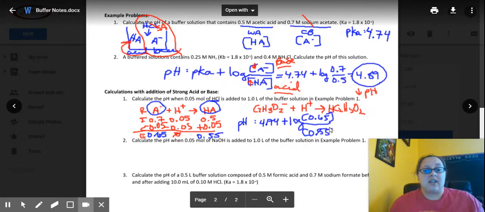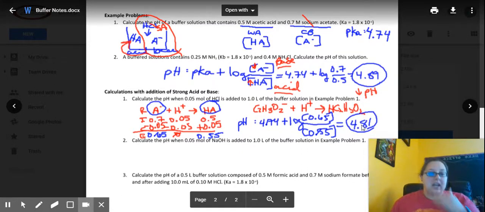Conceptually, we said that that should increase a little bit, right? And hey, guess what? It did. Yay. So now I work through the math. So 0.65 divided by 0.55, log of that value plus 4.74. So we get a value of 4.81 for my new pH.